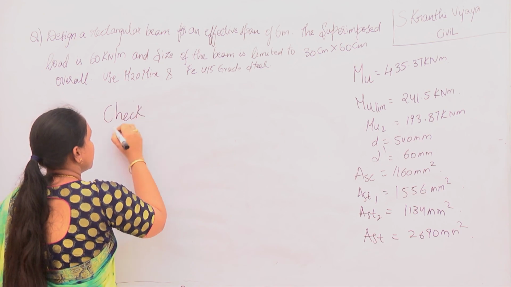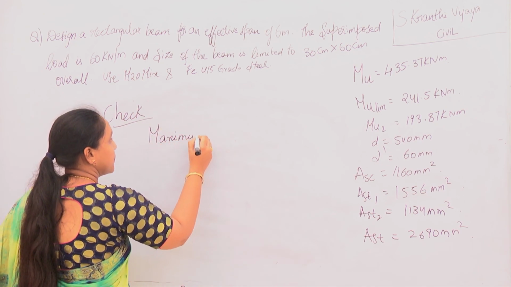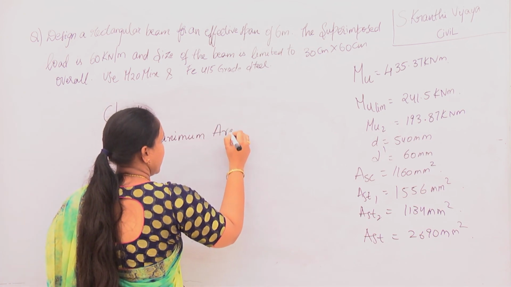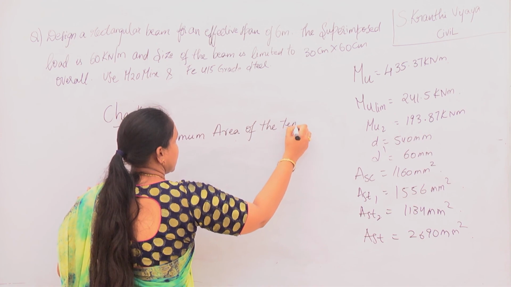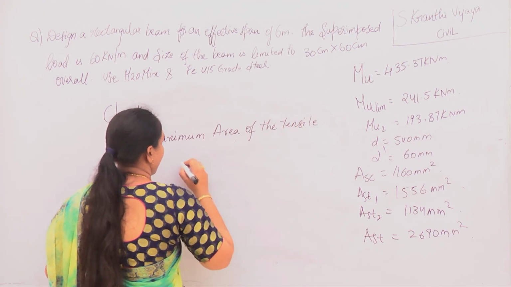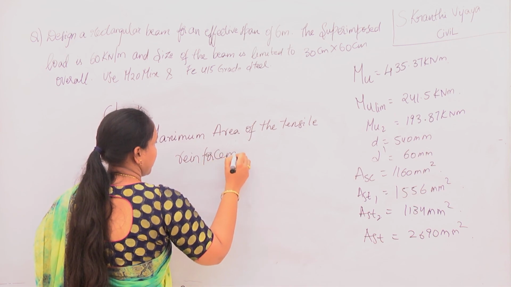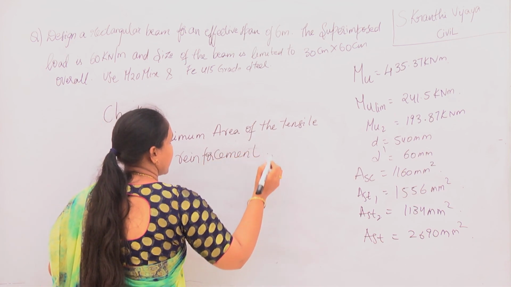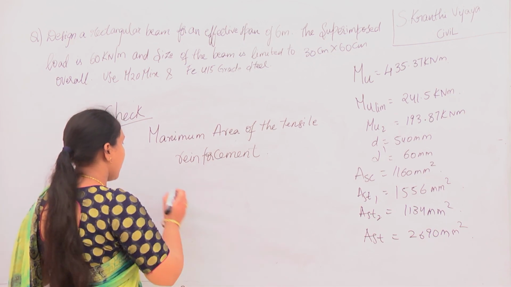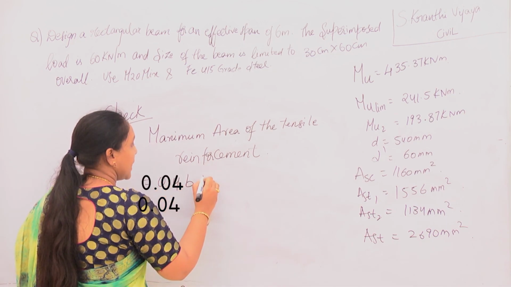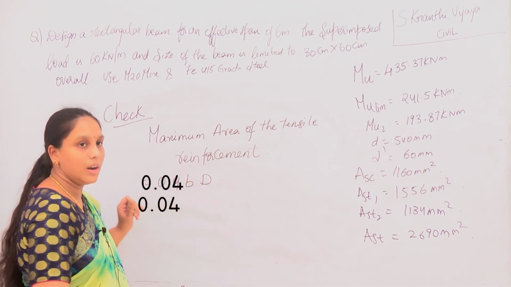So how do you find out the maximum area of the tensile reinforcement? You have the formula, which is 0.04 into B into D. B is the breadth and D is the overall depth.